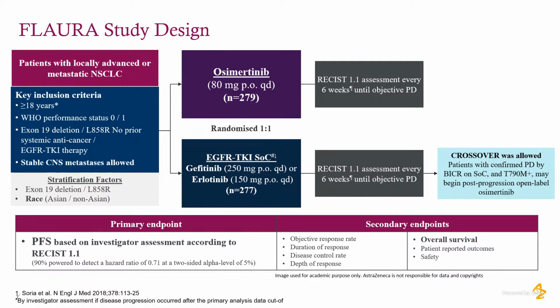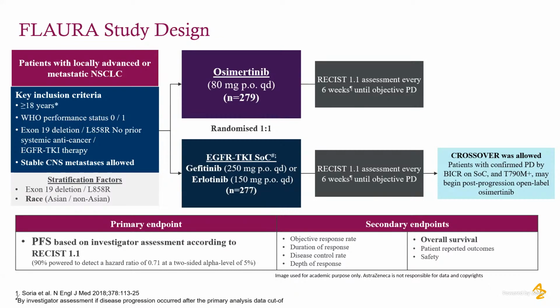For EGFR TKI standard of care, we used gefitinib and erlotinib here: gefitinib at the standard dose of 250 milligrams daily, and erlotinib at 150 milligrams. Assessment was done every 6 weeks until objective progressive disease in both groups.